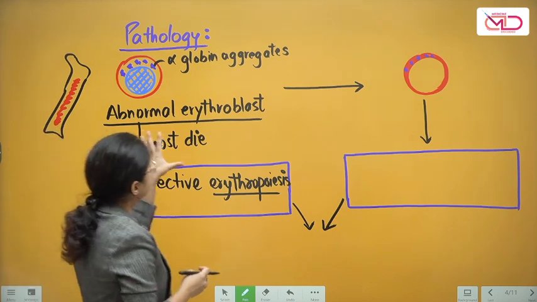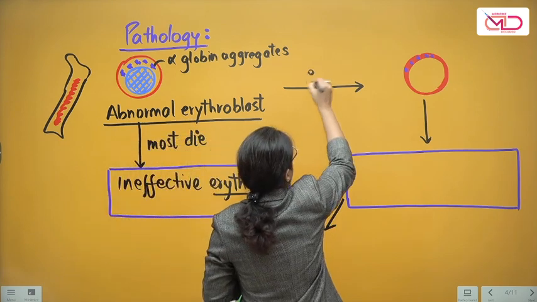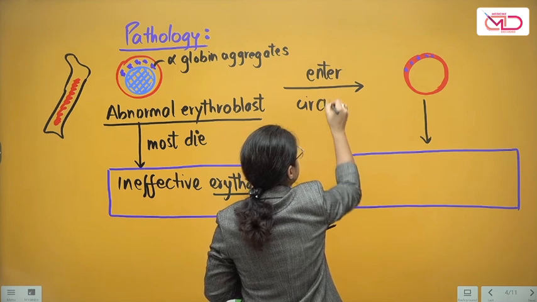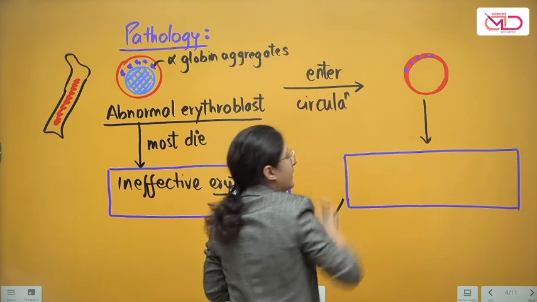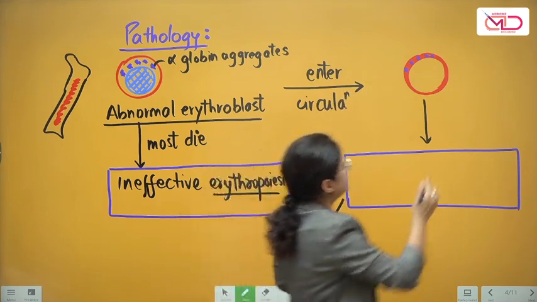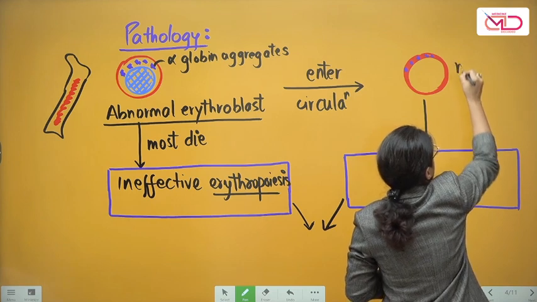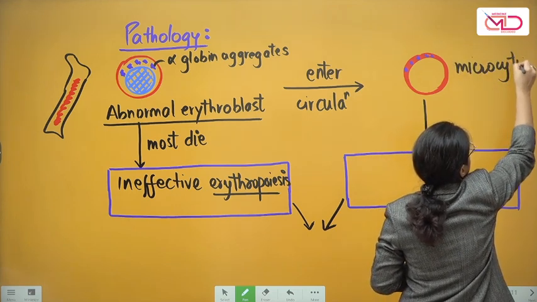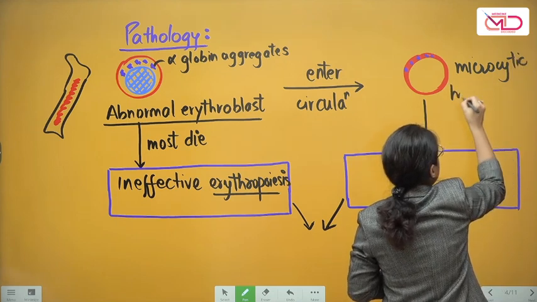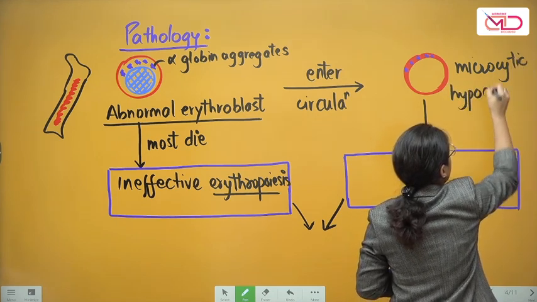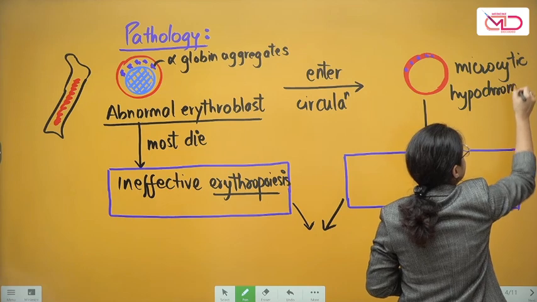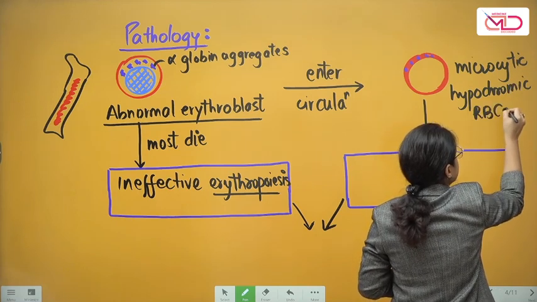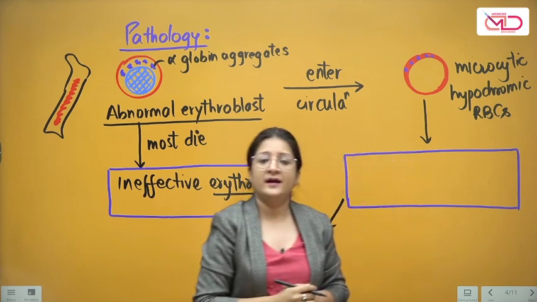Now, some of these abnormal erythroblasts will also enter the circulation, and then we will get these microcytic, smaller in size, under-hemoglobinized, hypochromic RBCs in the circulation, right?